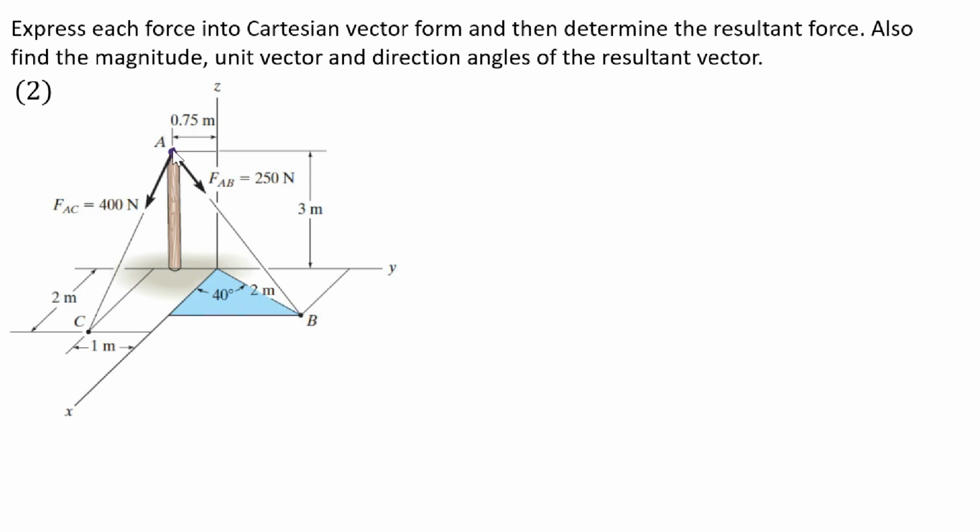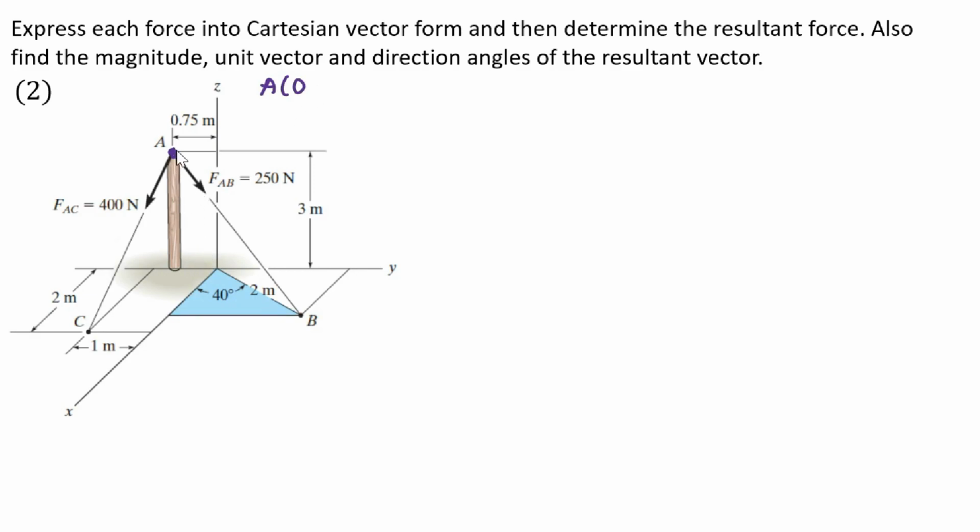For point A, let's determine the dimension of point A along X. Since there is no forward or backward distance of this point along X, that is 0.